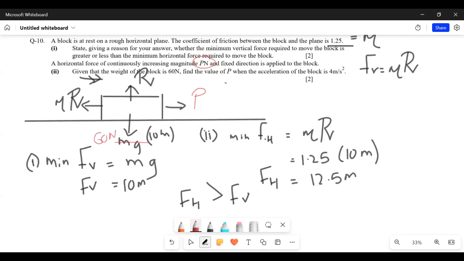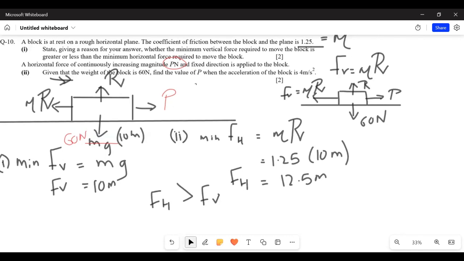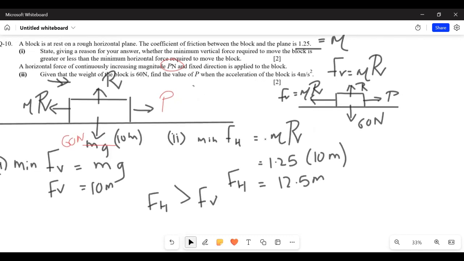Let me redraw the figure. So now there's a forward force, P. There's a weight, 60 newtons. There's an opposing normal contact force, R. And then there's a friction, which was mu R. Given that the weight of the block is 60 newtons, find the value of P.